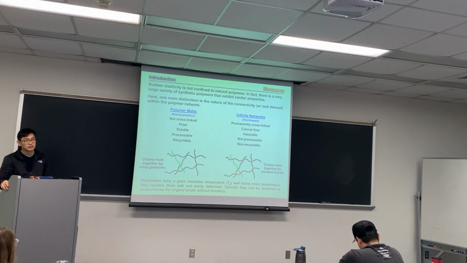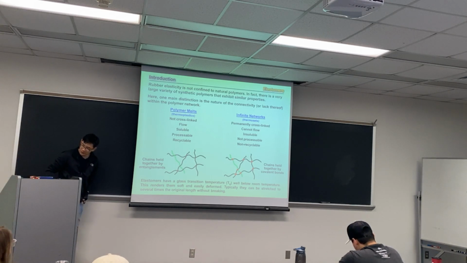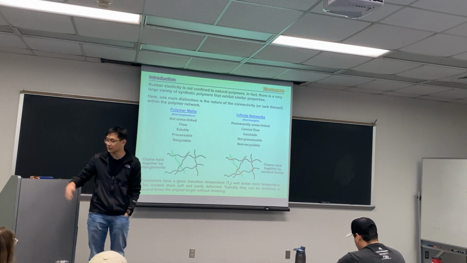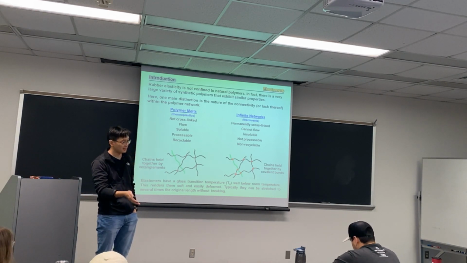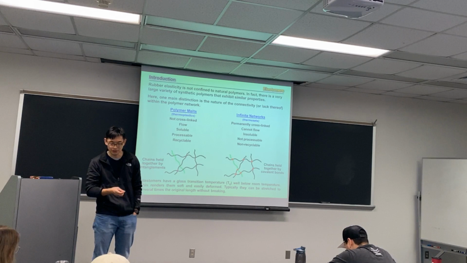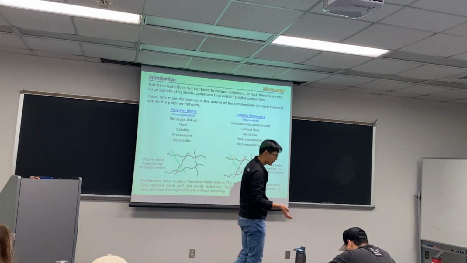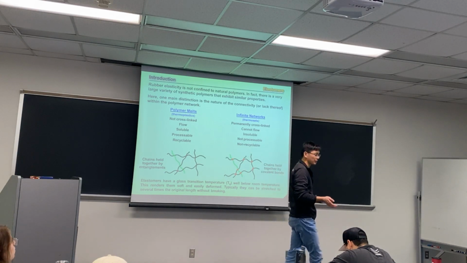So what makes elastomers interesting? Where can you think about elastomers in terms of application? I already heard Lena talk about the tire, Sonia talk about other elastomers, and there are many other areas that require rubbery material.